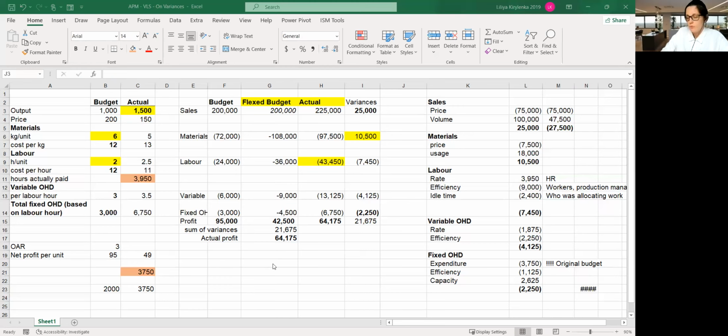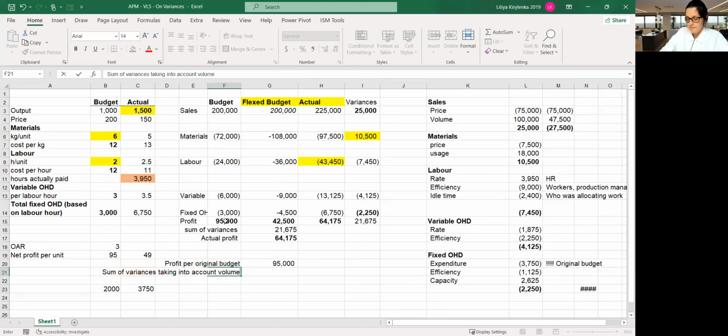If we take profit per original budget, that is going to be 95,000. And now we will calculate some of our variances, taking into account volume effect of sales.